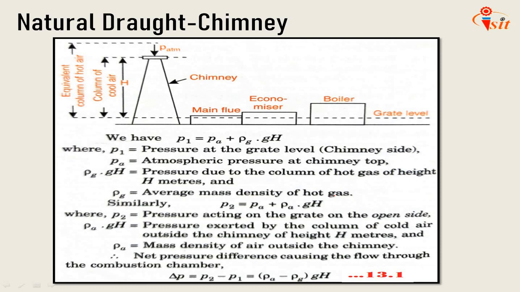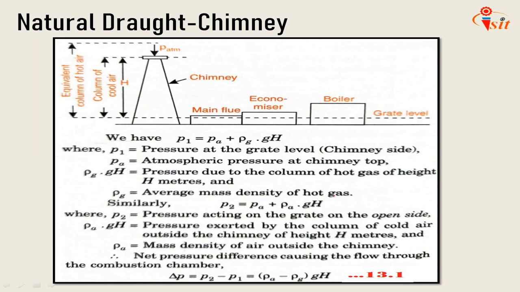First we'll go through the natural draught or chimney draught. Natural draught is obtained by the use of a chimney. The chimney in a boiler installation performs one or more of the following functions.